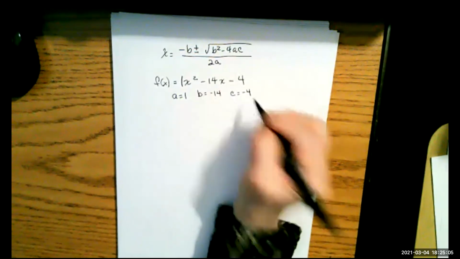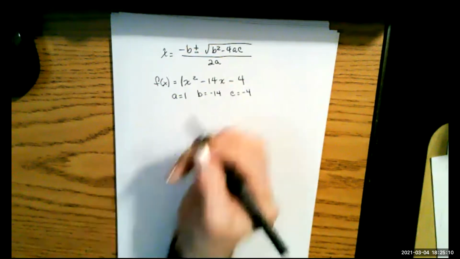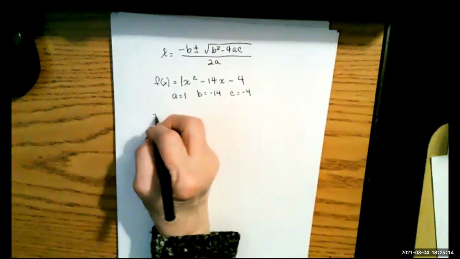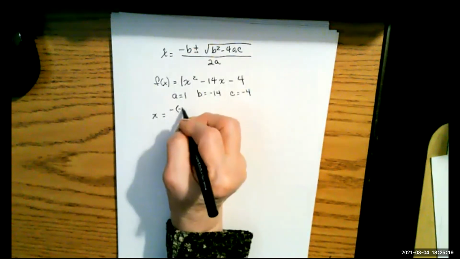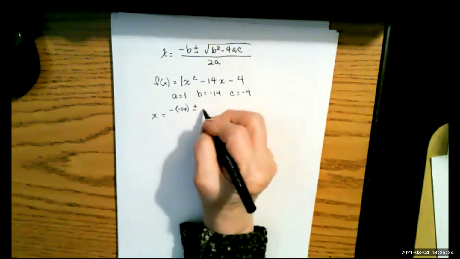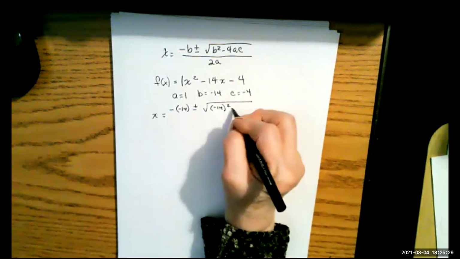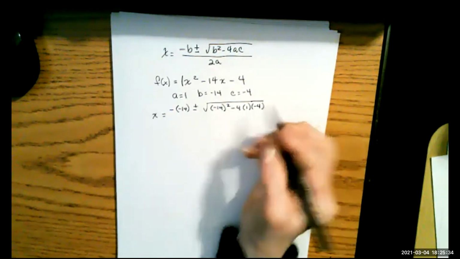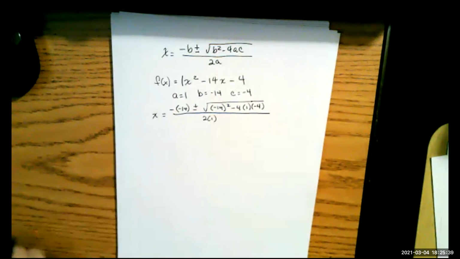C is negative 4. So then I'm going to put it into my formula. And be sure that when you substitute values into those spots, you use parentheses. So x equals negative, and I put b in there, negative 14. Notice how I put it in parentheses, plus or minus the square root of negative 14 squared minus 4 times 1 times negative 4, all over 2 times 1.